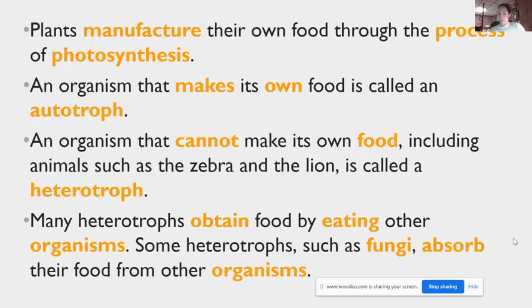Most heterotrophs obtain food by eating other organisms like we would, but some other heterotrophs, such as fungi, actually absorb their food from other organisms. They kind of melt it or put chemicals into it to turn it into mush and absorb it. So it's very interesting.